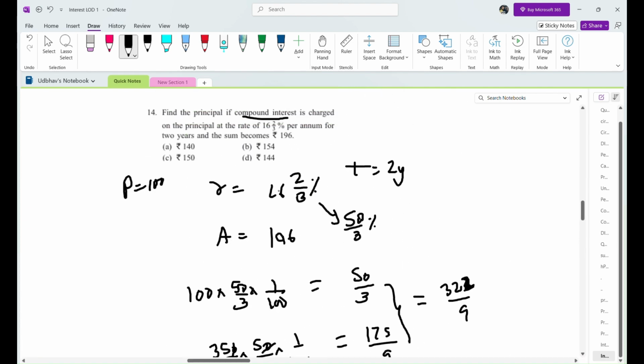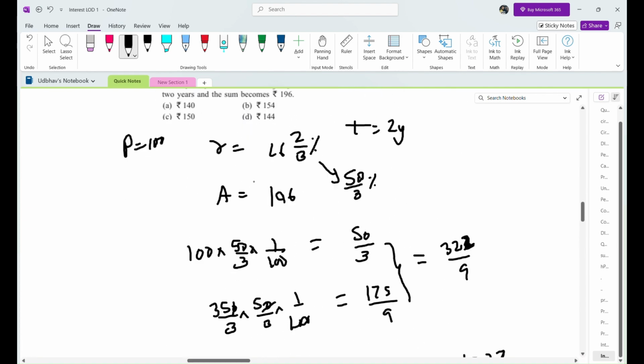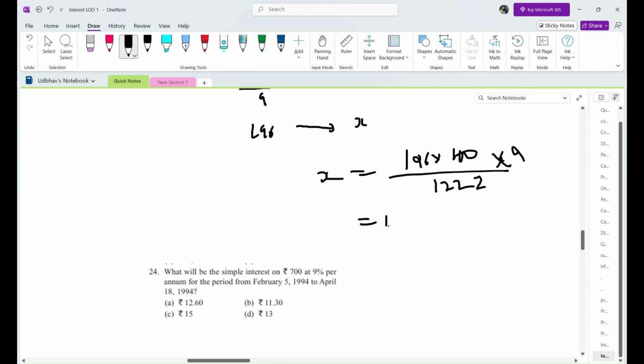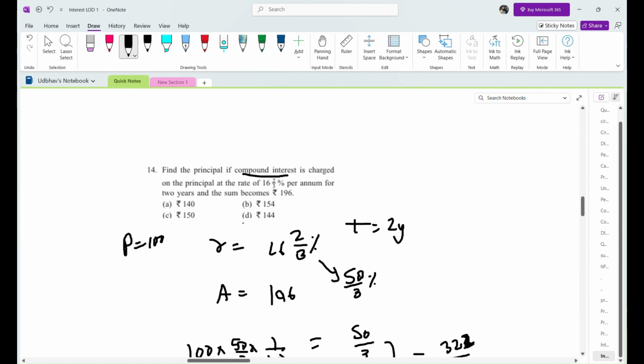It gives us 144.35. We can approximately say it as 144.